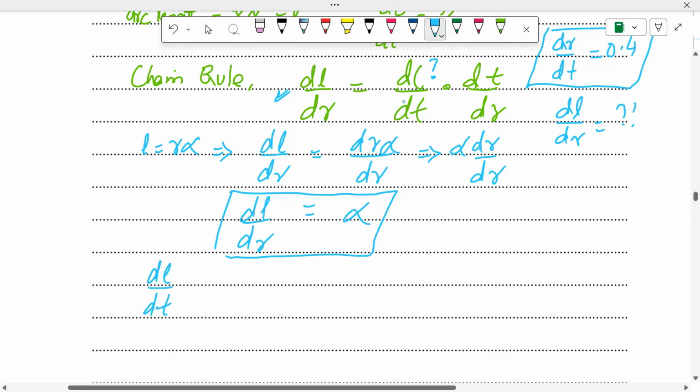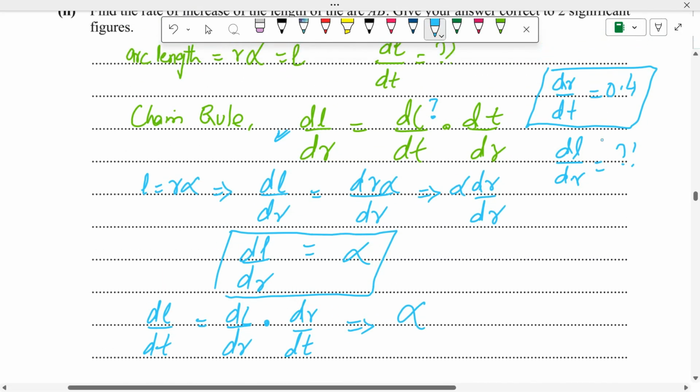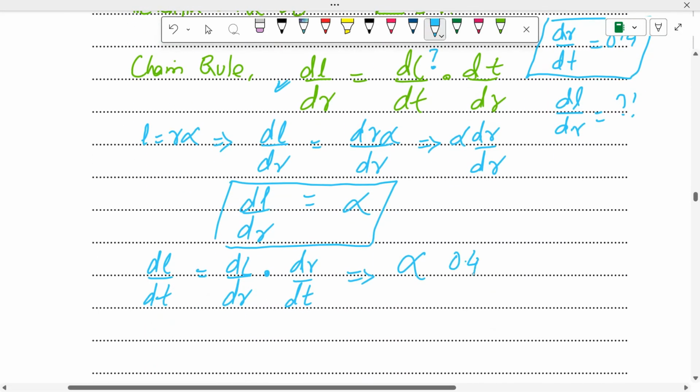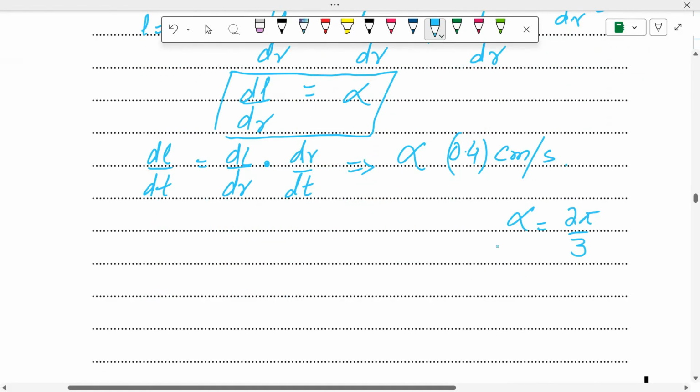So we rearrange this formula and we get dL over dt. We will isolate dL over dt and move the dt over dr to the left side. So it will be dL over dr times dr over dt. And we know that dL over dr we just calculated, which is alpha, and dr over dt, which is 0.4 centimeter per second. And we know that alpha is equal to 2 pi over 3.